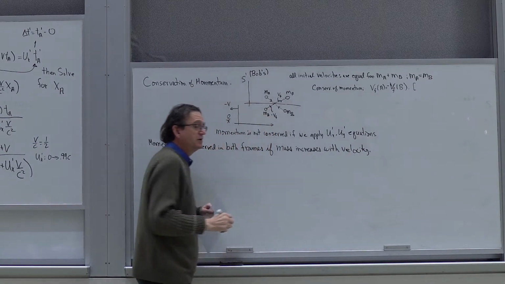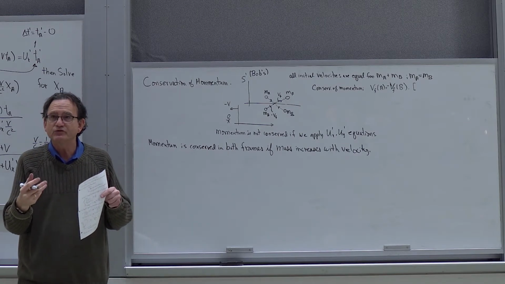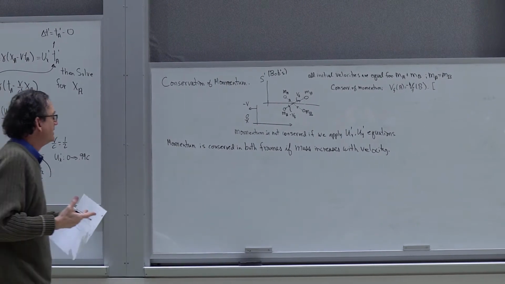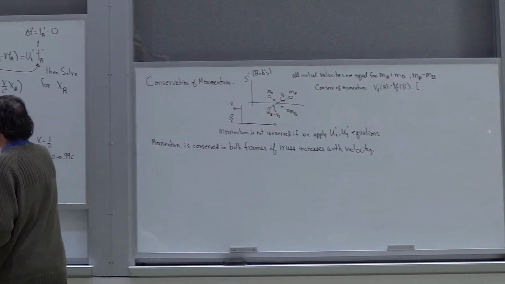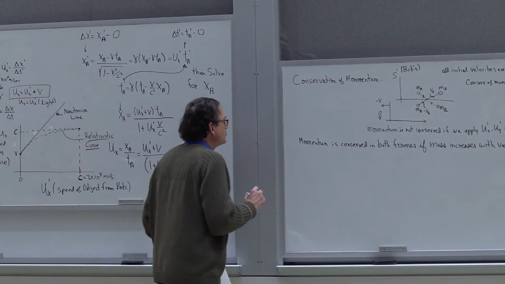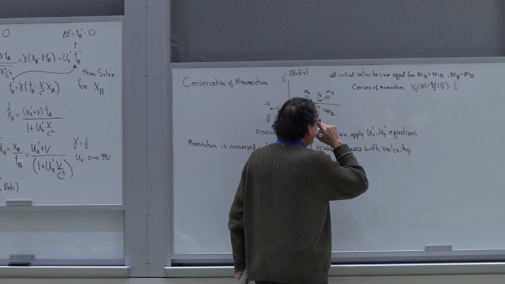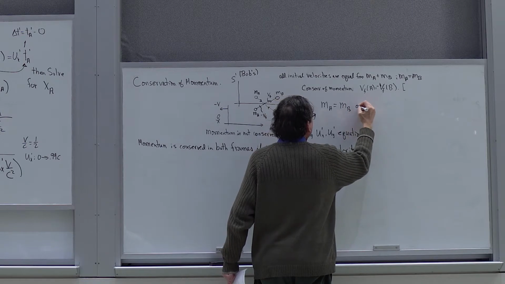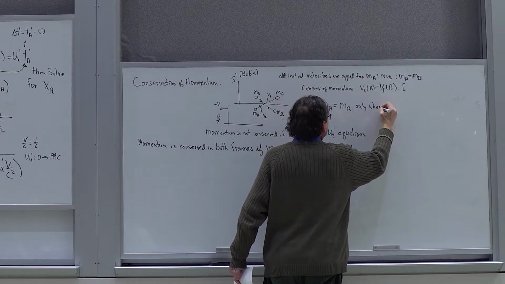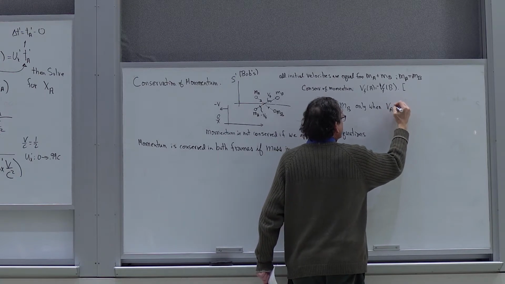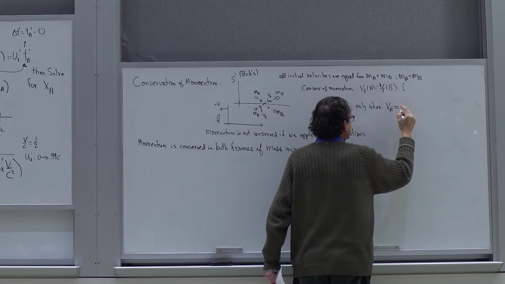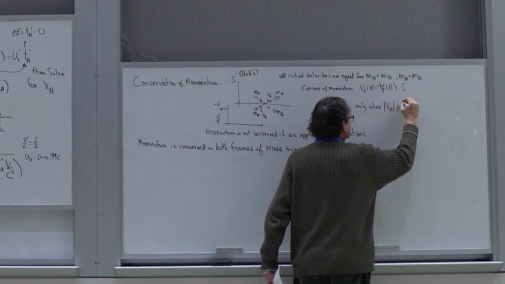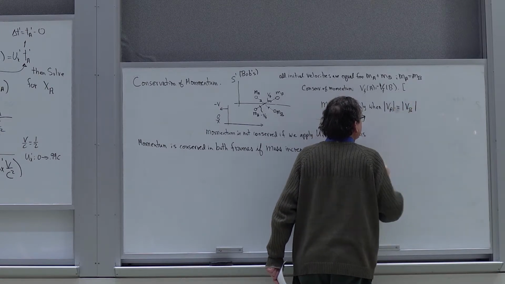Okay? In other words, in order for momentum to be conserved in this simple two-body elastic collision of two particles, the only way it could be made to work using these velocity transformations was to assume that the mass of A is equal to the mass of B only when the magnitude of the velocity of A is equal to the magnitude of the velocity of B, right?